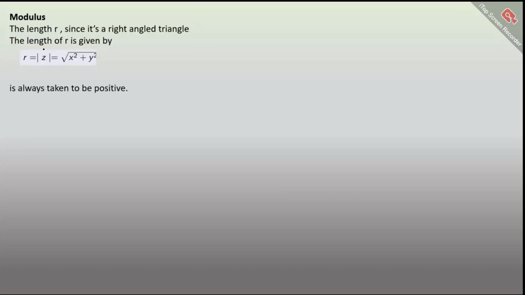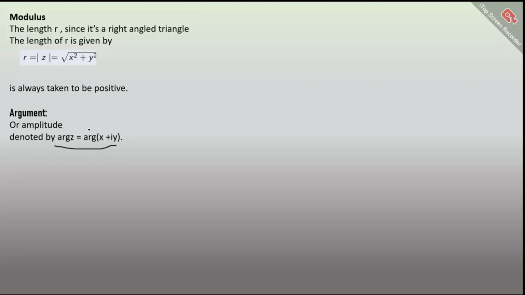What about the argument? Somehow tricky, but it's very simple. It's also known as the amplitude. In some cases, they might ask you to find the argument. So how to find the argument?